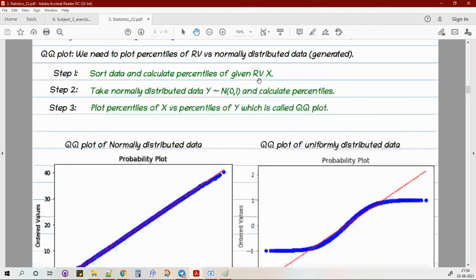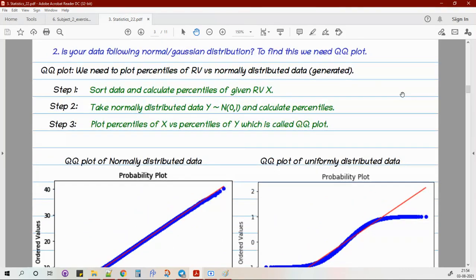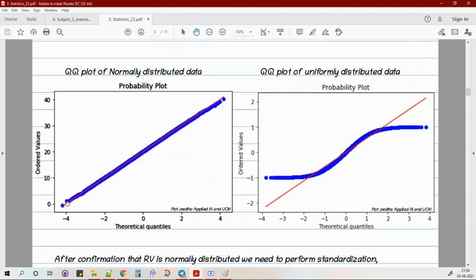We will calculate the percentiles, and after calculating the percentiles you will get some values. Then I will compare them with the theoretical normal distribution.